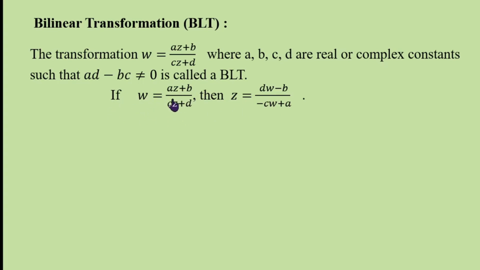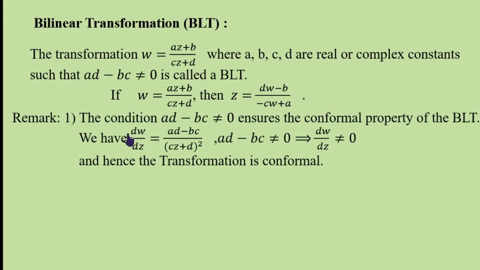Just interchange A and D, change the sign of C and B, and replace W by Z and Z by W. So you get Z equal to (DW minus B) by (minus CW plus A).